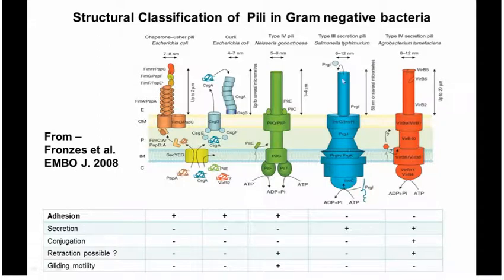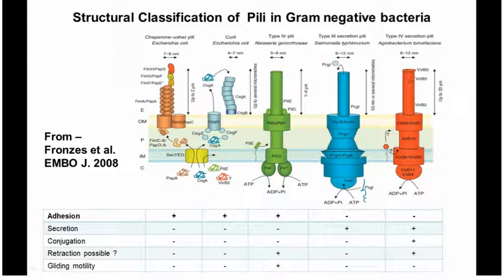Now, because this is a hollow tube, which is not the case for these filaments, which are thin, and there's no space in the middle. Whereas for type 3 and type 4 secretion Pili, this is a tube. Okay? So they are used for secretion.